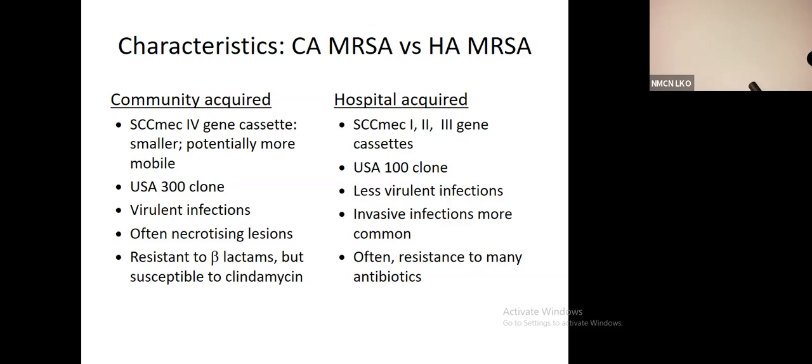The clone is different. The infections are often less virulent. Invasive infections are more common, often resistant to many antibiotics. Now, when we started doing this course, I searched the literature, I found practically no reports of community acquired MRSA from India. It was maybe 5 to 10 cases in India.